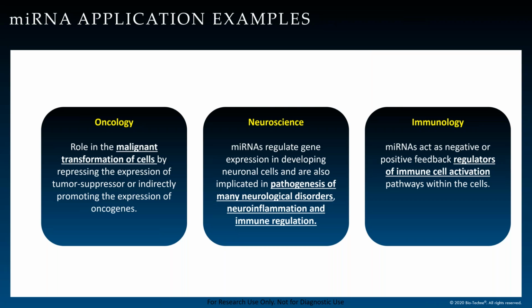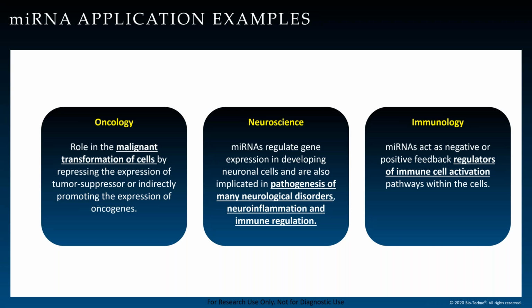The miRNAscope assay can play a significant role in detecting microRNAs in a few key applications. In oncology, microRNAs have been shown to alter the transcriptional landscape within single cells, and in this way may induce malignant transformation of those cells by either repressing the expression of tumor suppressors or indirectly promoting the expression of oncogenes.